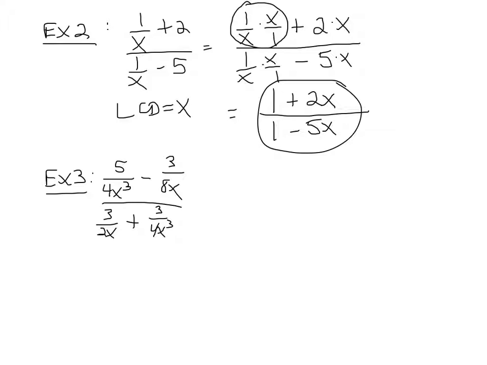In this third example, the least common denominator of 2, 4, and 8 is 8, and of x and x cubed, it's x cubed. So we're going to multiply every term by 8x cubed, or 8x cubed over 1. Actually, we're going to multiply everything by 8x cubed over 1, because everything is a fraction.